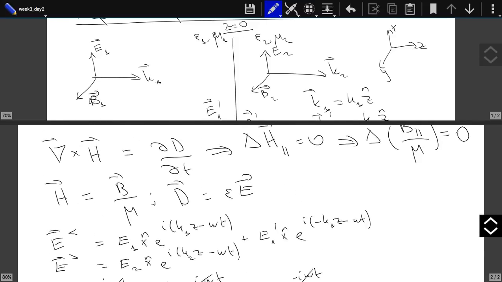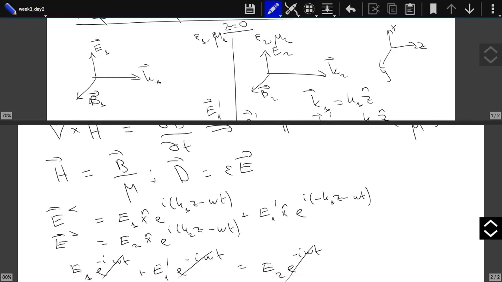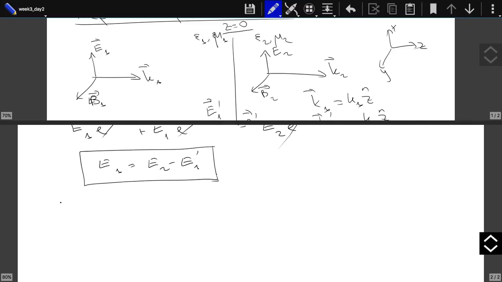Now let's look at our other condition. The parallel component of B over mu should be the same on the left-hand side and also on the right-hand side. That's our other condition. So let's see, what is the B field on the left-hand side and on the right-hand side?